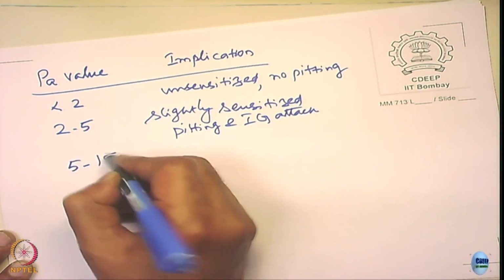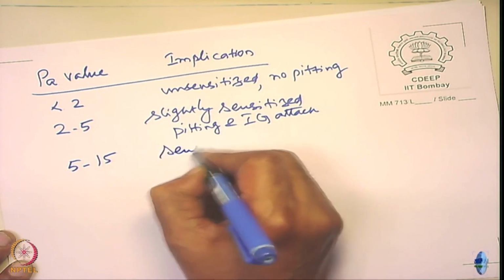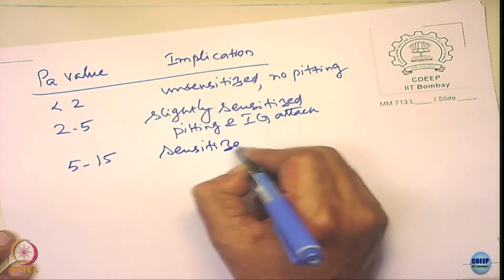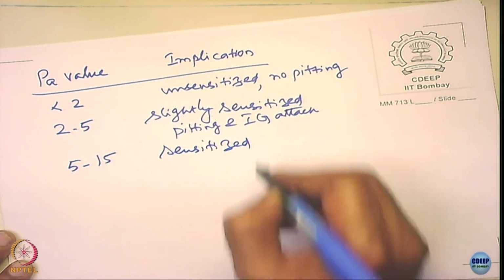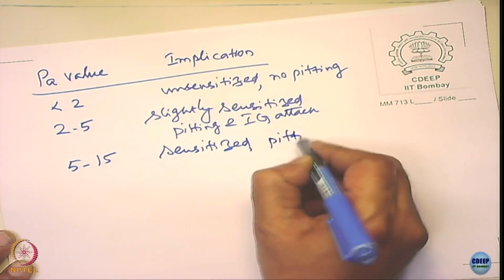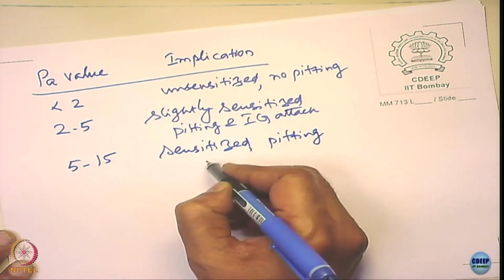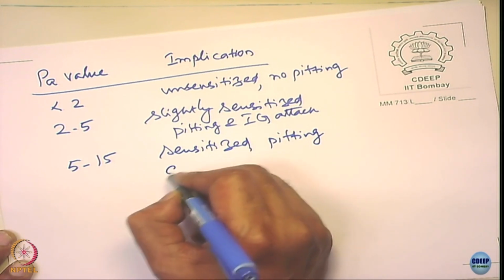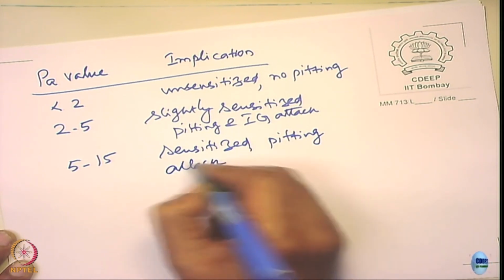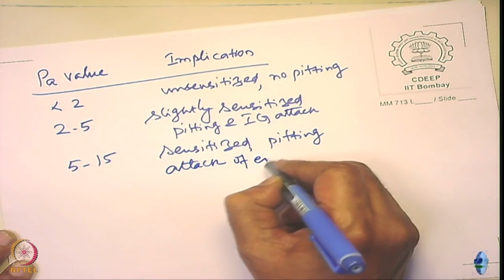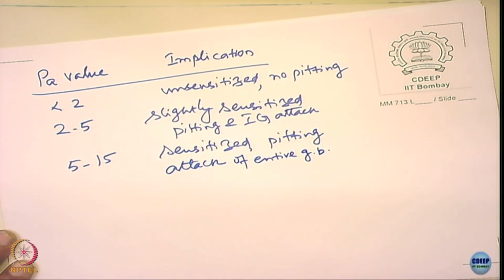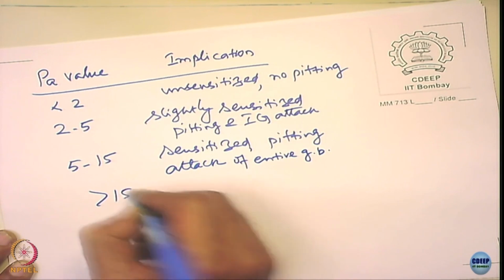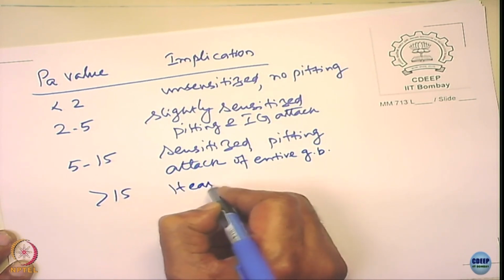5 to 15, sensitized, pitting, attack of entire grain boundaries. Greater than 15, heavily sensitized.